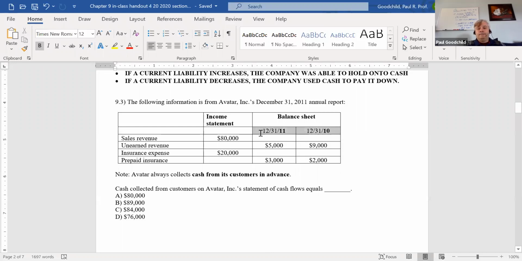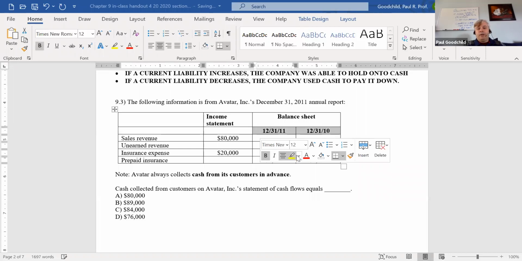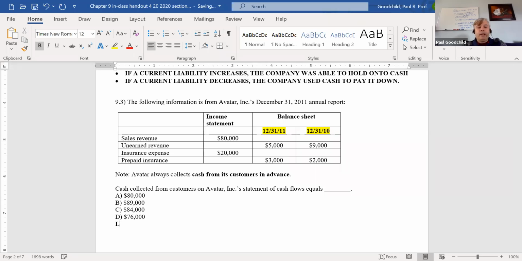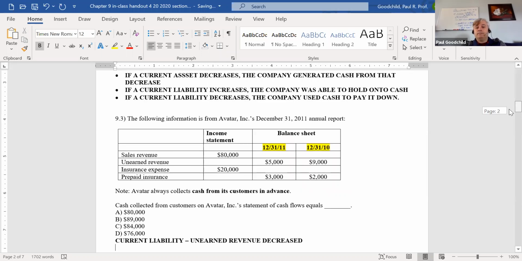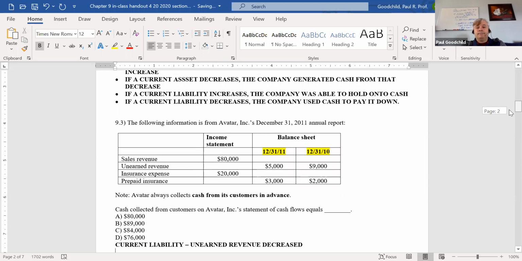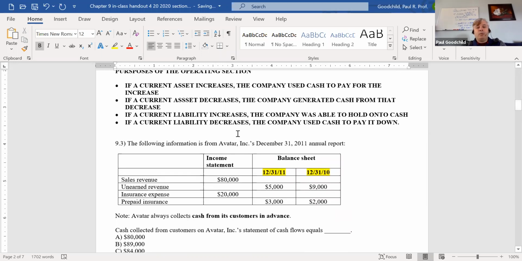All right. So again, I want to highlight this because I want you to pay attention to what's happening over here. So we had a current liability, unearned revenue, decreased. And so with our general rules, if a current liability decreases, the company used cash to pay it down.